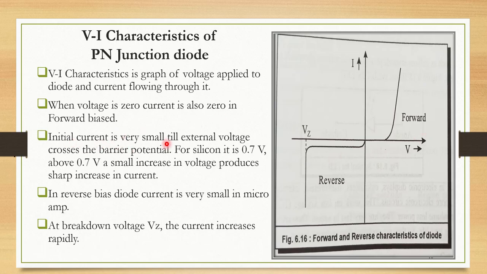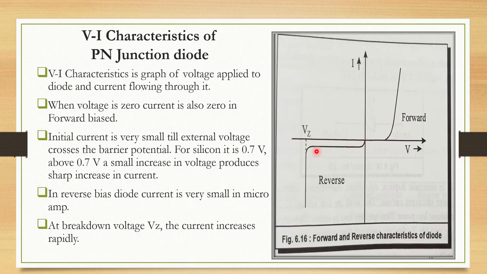Initial current is very small till the external voltage crosses the barrier potential. For silicon, it is 0.7 volt. Above 0.7 volt, a small increase in voltage produces a sharp increase in current. So the current becomes much higher. But in reverse bias, you see, reverse bias diode currents are very small, in microamperes. Currents are very small.